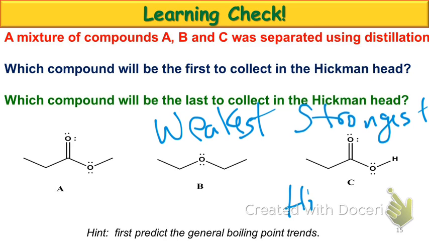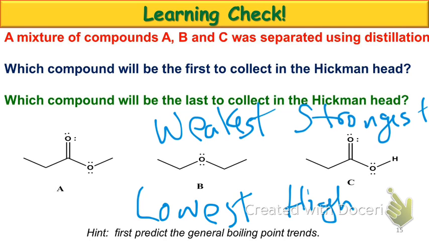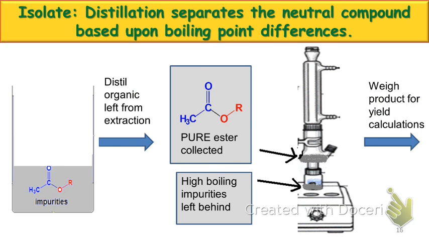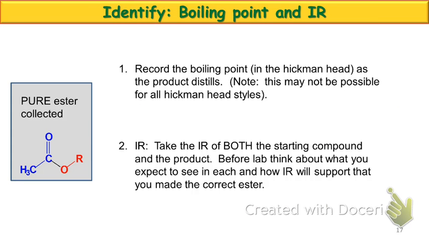So we're looking at our highest boiling point here. What's going to have our lowest boiling point? B. Which compound is going to be the first to collect in the Hickman head? B, with the lowest boiling point. Which one's going to be the last? C.